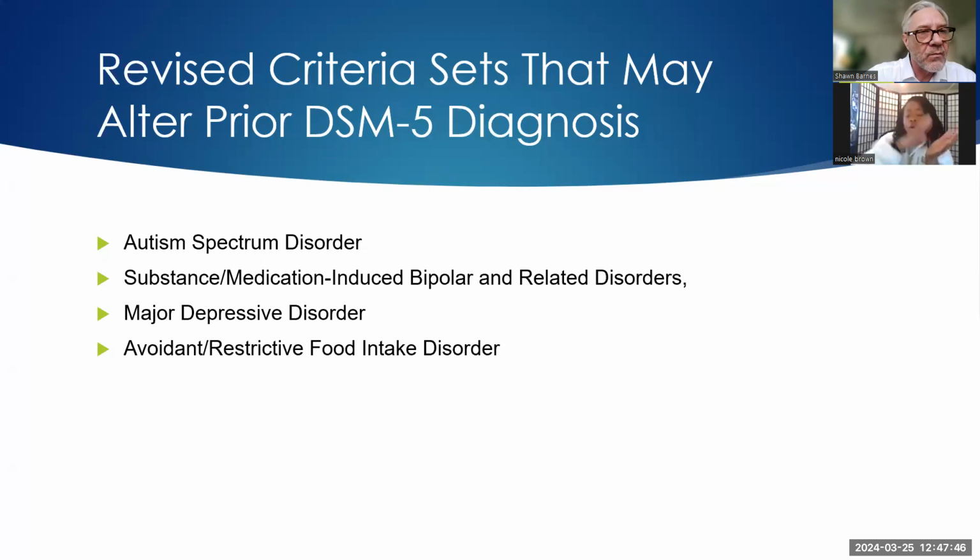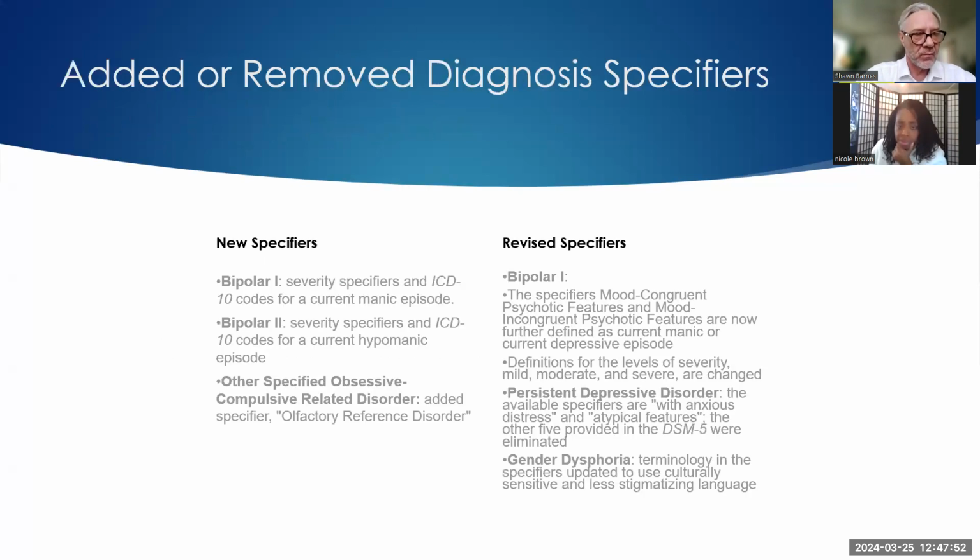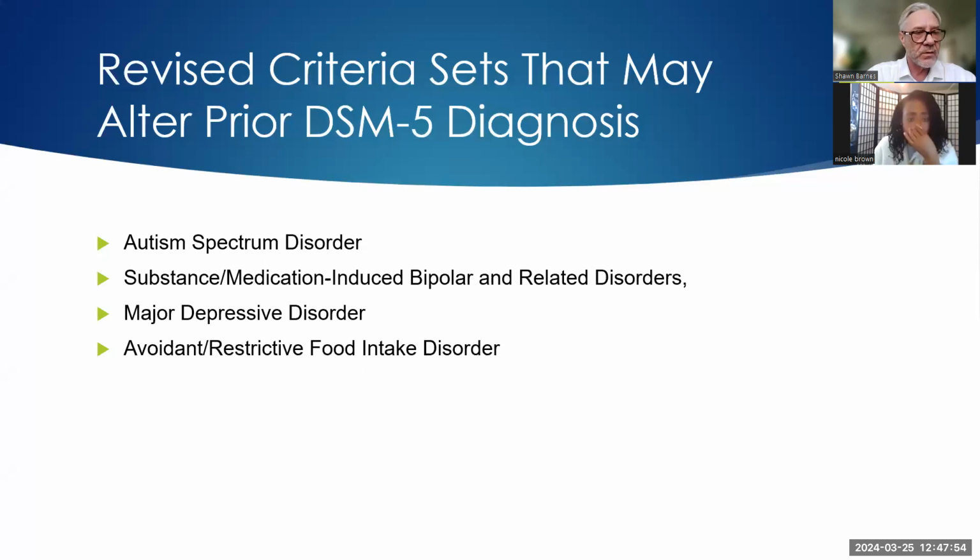They have to meet all of the criteria for you to use avoidant restrictive food disorder. Nobody picked up on this: this is where they're lumping in anorexia and bulimia. So instead of calling it anorexia or bulimia, they're calling it avoidant restrictive food disorder.